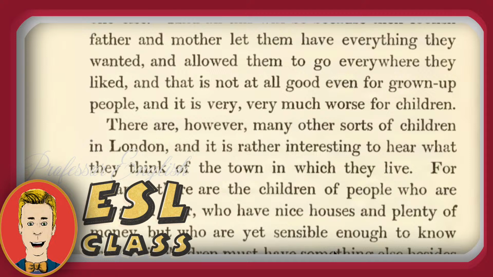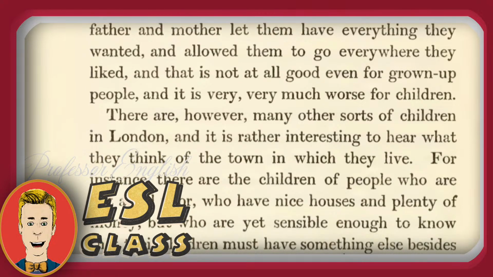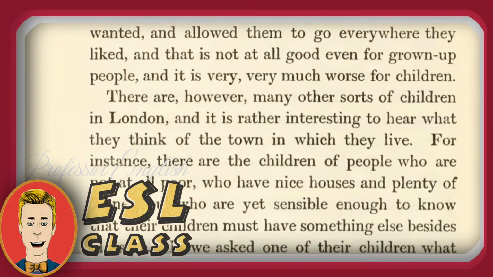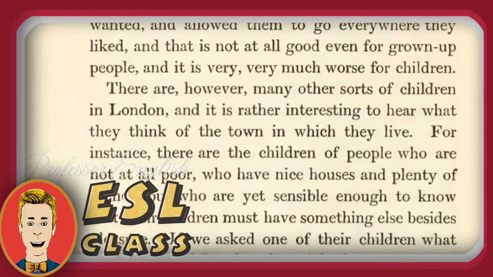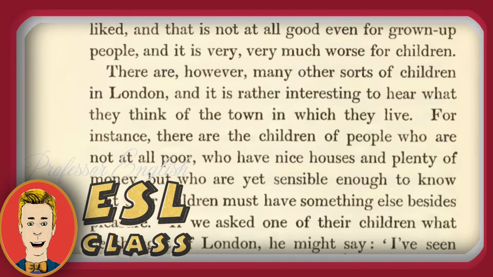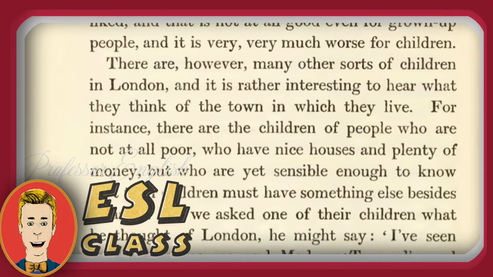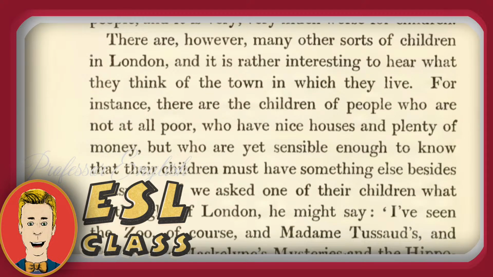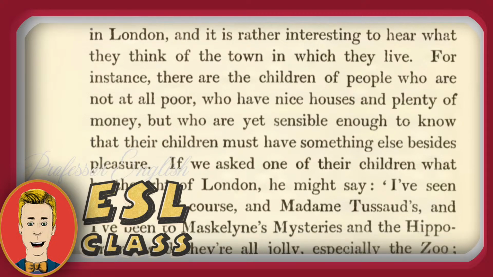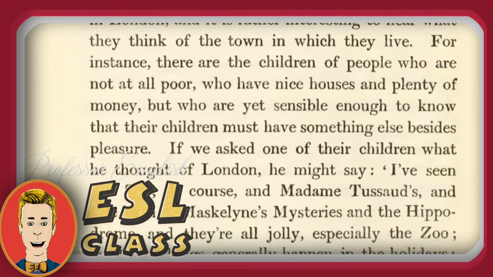There are, however, many other sorts of children in London, and it is rather interesting to hear what they think of the town in which they live. For instance, there are the children of people who are not at all poor, who have nice houses and plenty of money, but who are yet sensible enough to know that their children must have something else besides pleasure.